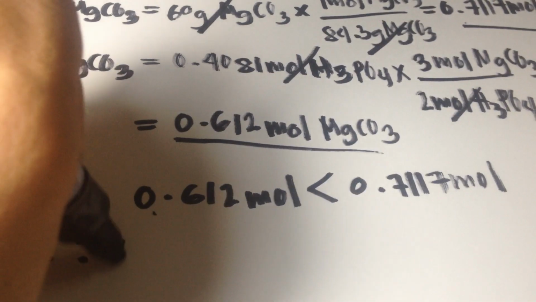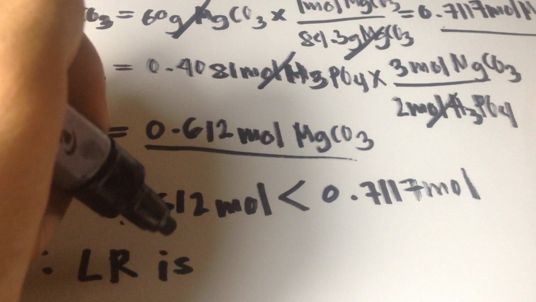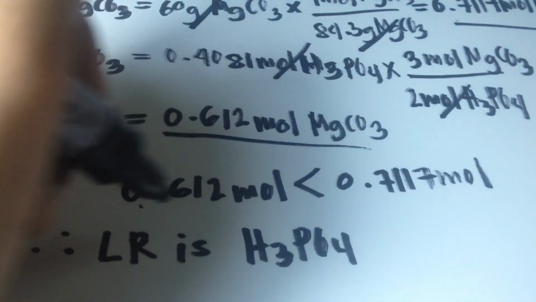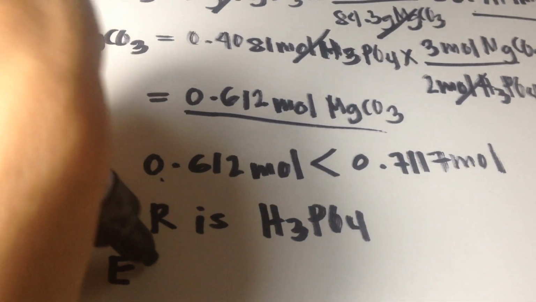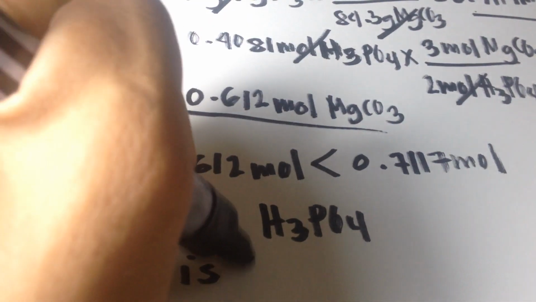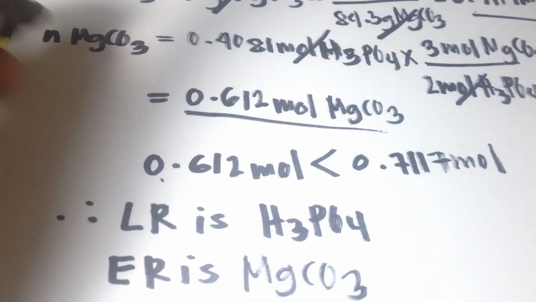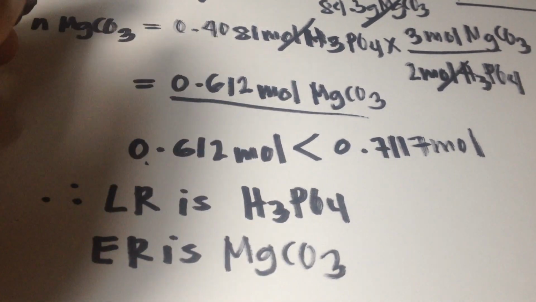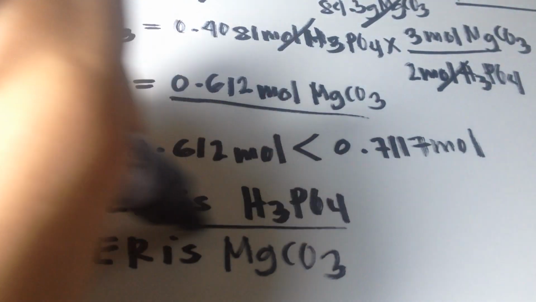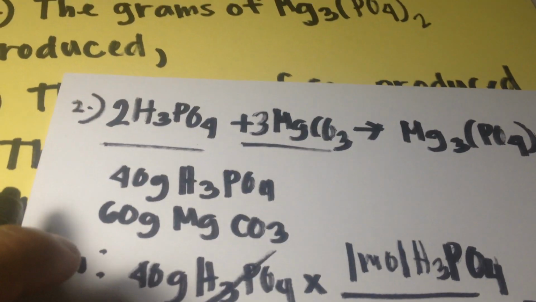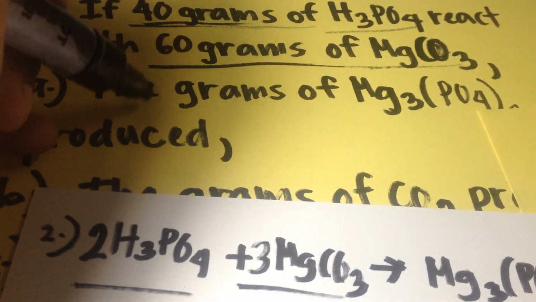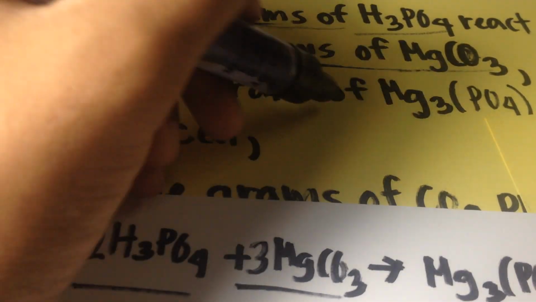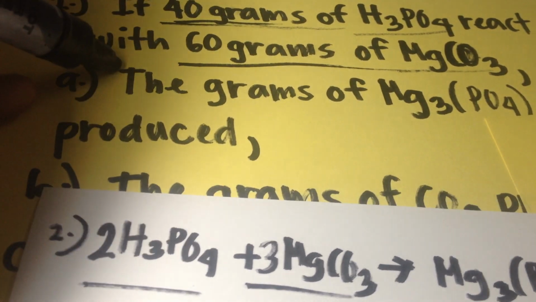Therefore the limiting reactant is the phosphoric acid, and the excess reactant is magnesium carbonate. So let's answer the grams of magnesium phosphate produced, in letter A.